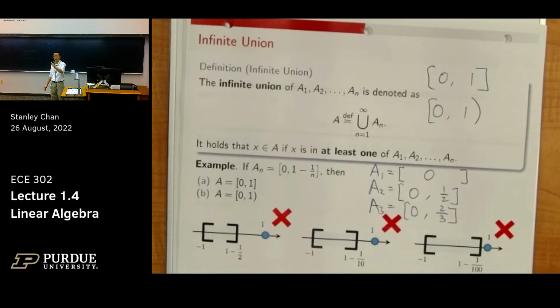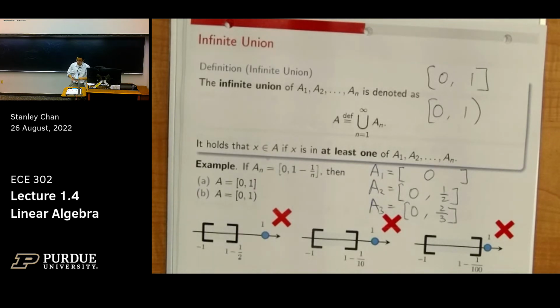Are you following my logic here? Between 0 and 1, not including 1, everyone should be included. The only thing we need to worry about is whether that number 1 should be included or not. Is it okay? All right, next question.